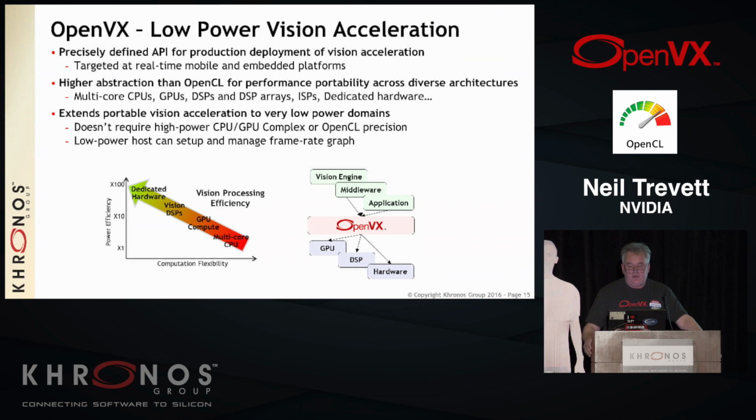The other way, and a complementary way, and the approach that OpenVX takes, is to click up a level of abstraction. So you're not describing how the operations run, you're just describing what operations you want to run, and then you let the implementation of OpenVX map that description of your vision operations onto the hardware architecture that you have.